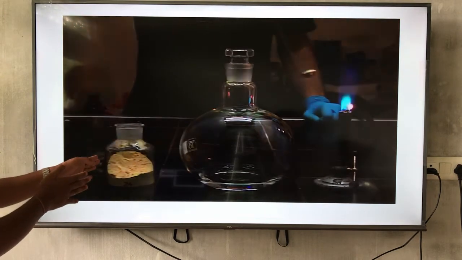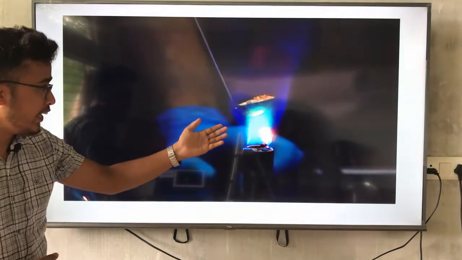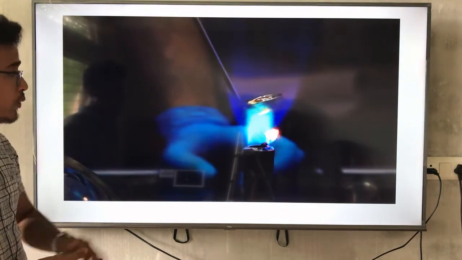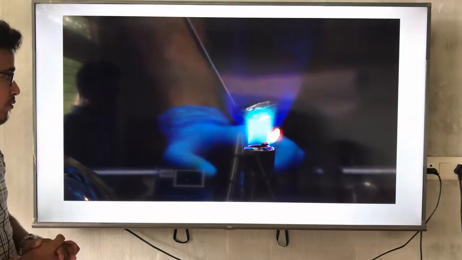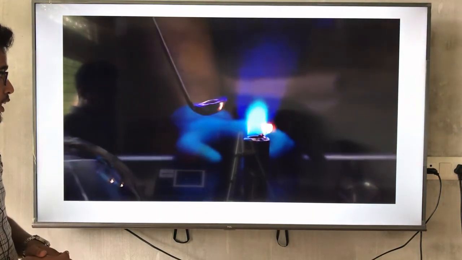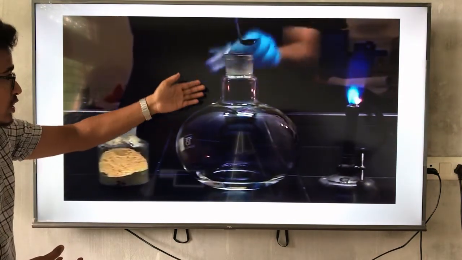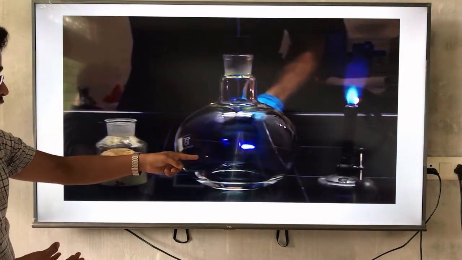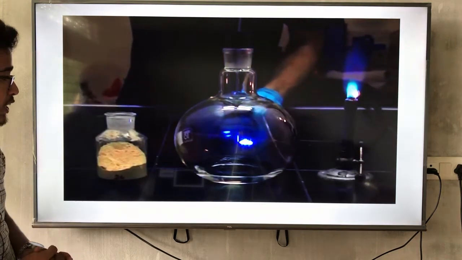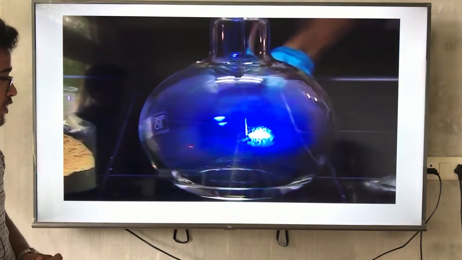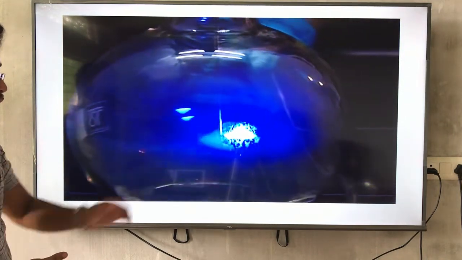It is now gently heating. Look here, now it is heating. Now it will react with oxygen. Now it will form the blue light color, due to the presence of oxygen.